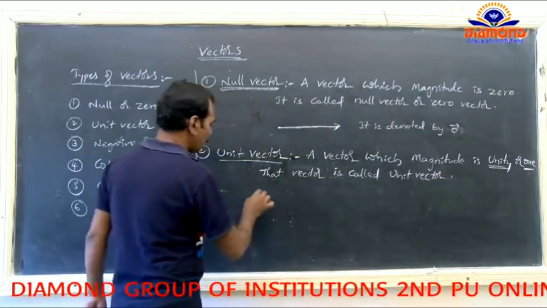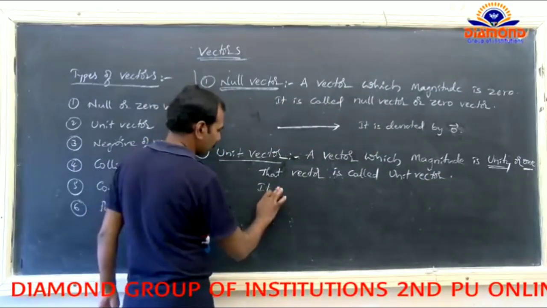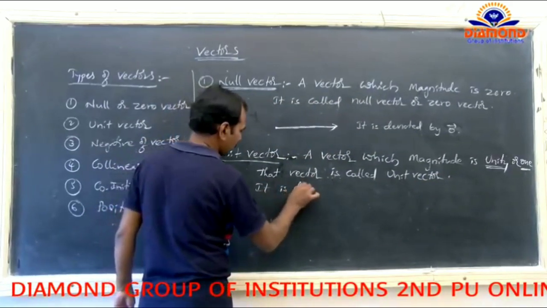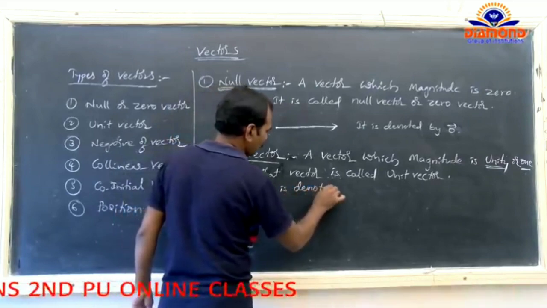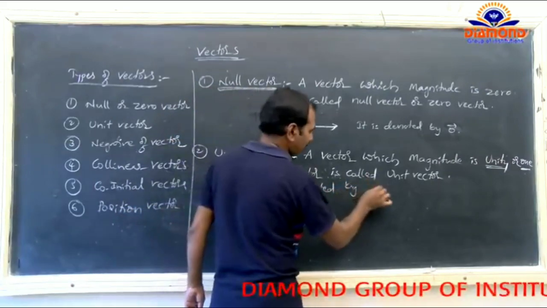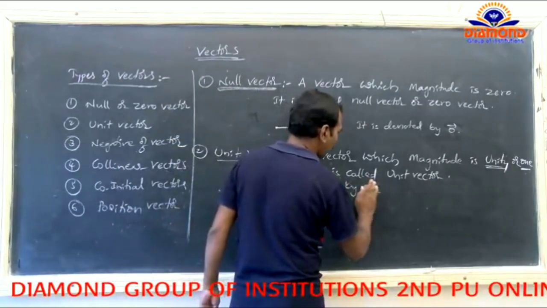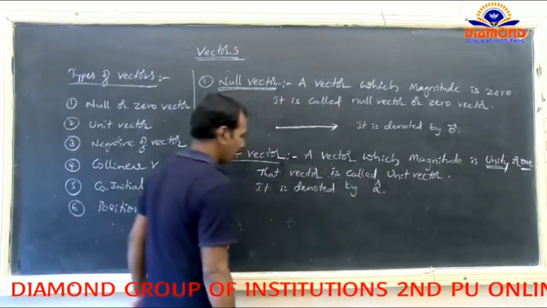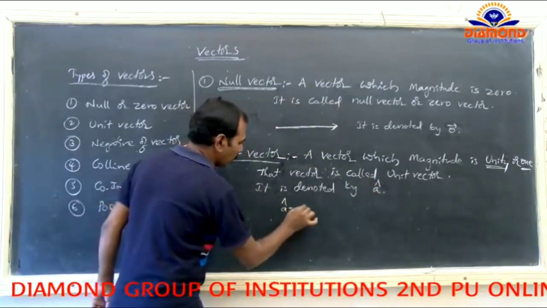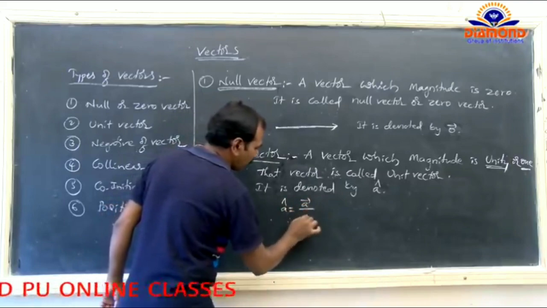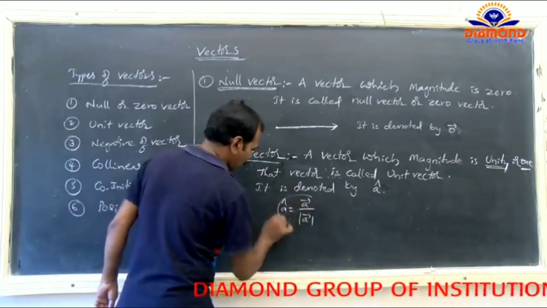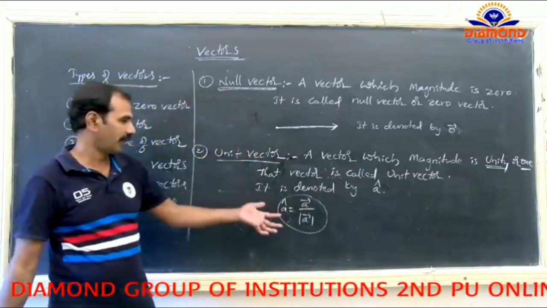It is denoted by A cap, equal to A vector divided by the magnitude of A. This is the unit vector formula.